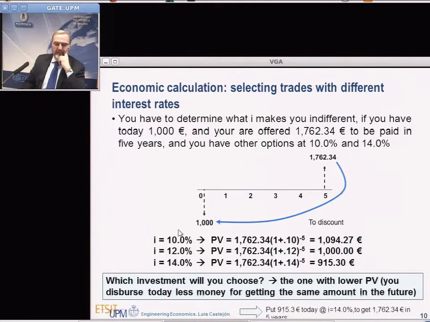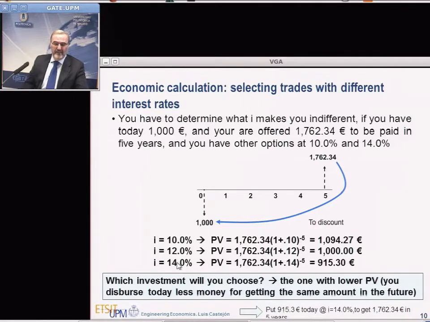If you are offered these different alternatives of putting your money today for having in the next 5 years 1,762 euros, which investment will you choose? Obviously, you will choose the one with the highest interest rate, because you are paid for your savings account.